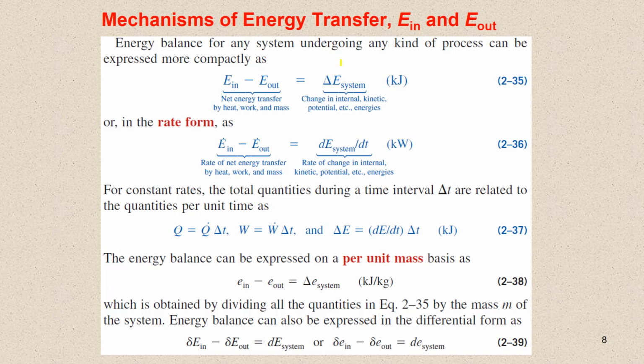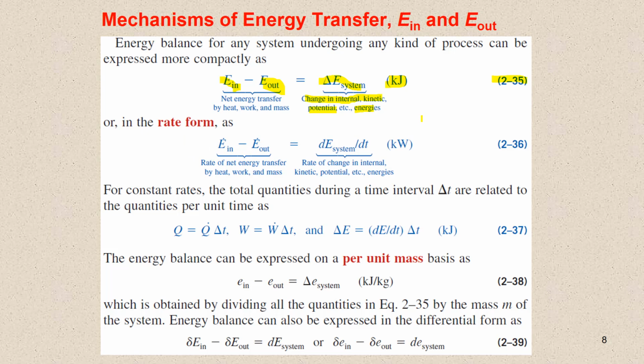The energy balance for any system undergoing any kind of process can be expressed more compactly as in equation 2-35: E in minus E out, the net energy transfer by heat, work and mass, equals delta E of the system, the change in internal, kinetic and potential energies, expressed in kilojoules.